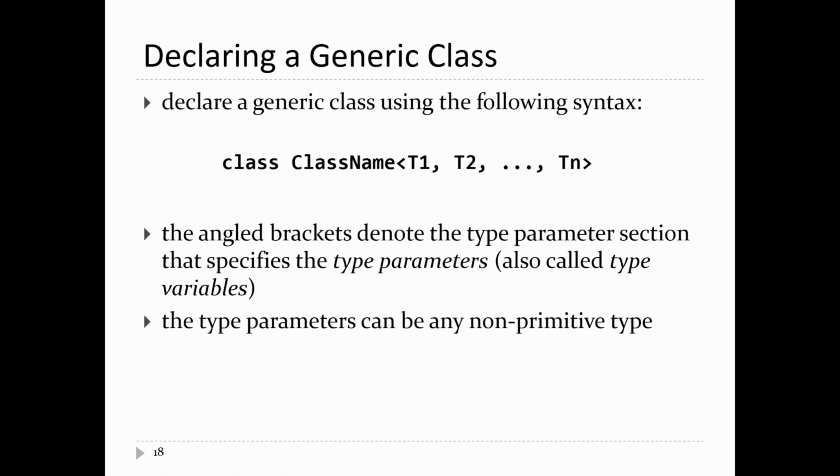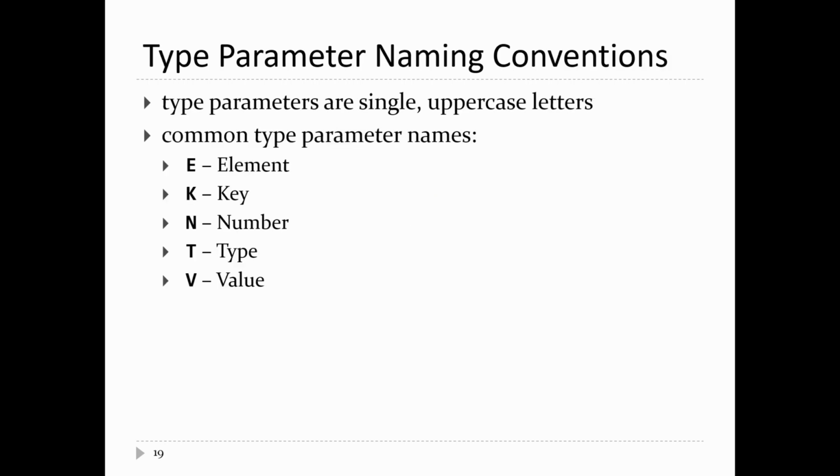The parameters are allowed to be any, so when the user uses your class, those have to be some non-primitive type. Right? So the limitation of Java generics is you can't make a generic type with the type int, for example. Okay, so there's no defined naming convention for the types.